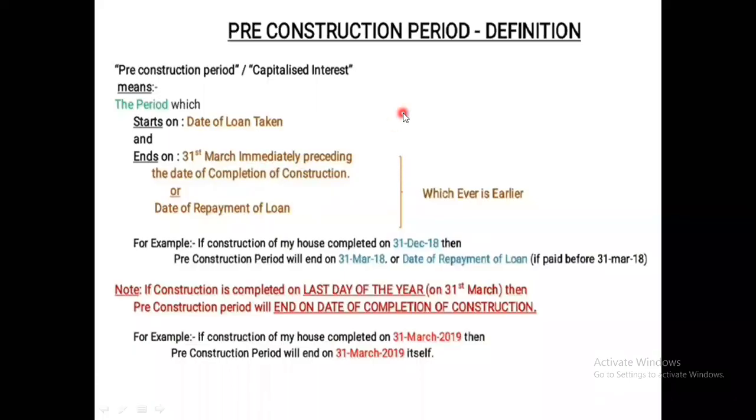Now in this slide, we will understand how the pre-construction period is determined, and we will also look into a numerical example of computing pre-construction period interest. Let's first understand what the pre-construction period is and what its start date and end date are. The pre-construction period starts on the date the loan is taken, and ends either on 31st March immediately preceding the date of completion of construction or the date of repayment of loan, whichever is earlier.